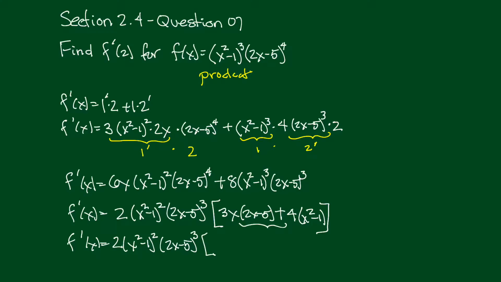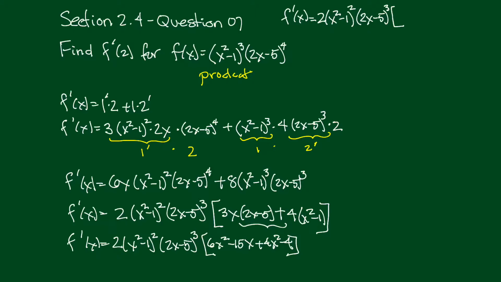Well, maybe. What do we get here? Here's 6x squared, and then minus 15x, and then multiply in here, we'll get a 4x squared minus 4. So let's work up here at the top right. We'll get f prime of x is equal to 2 times x squared minus 1 squared, 2x minus 5 cubed, and now what have we got here?